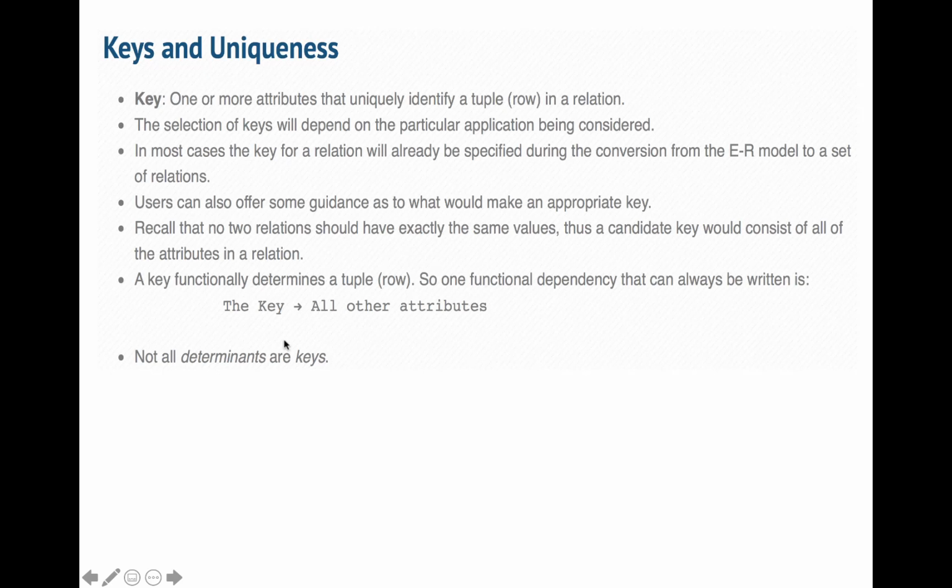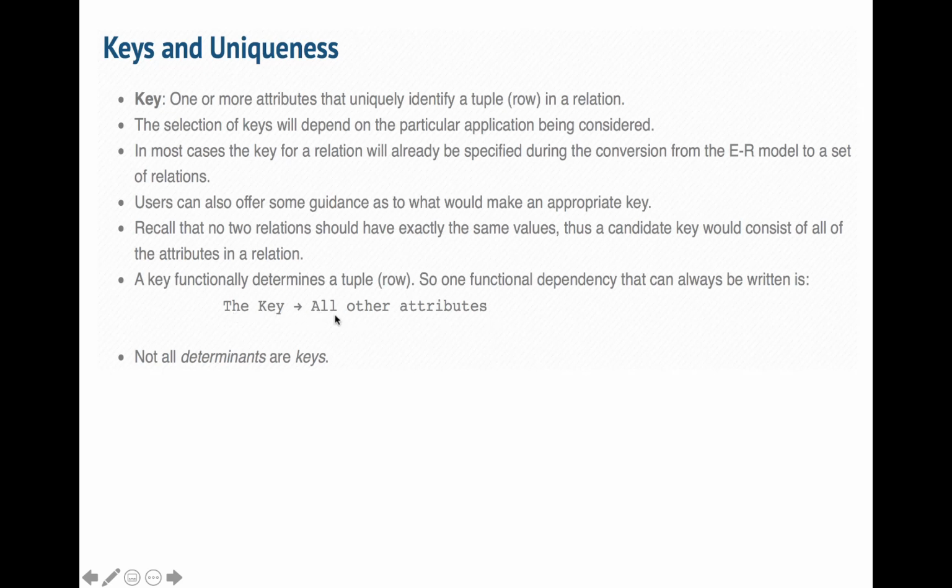So for sure there's one functional dependency, which is that the key will define all the other attributes. If you understand primary key very well, you would understand this functional dependency very well. If I have a primary key, can I tell which row it is?